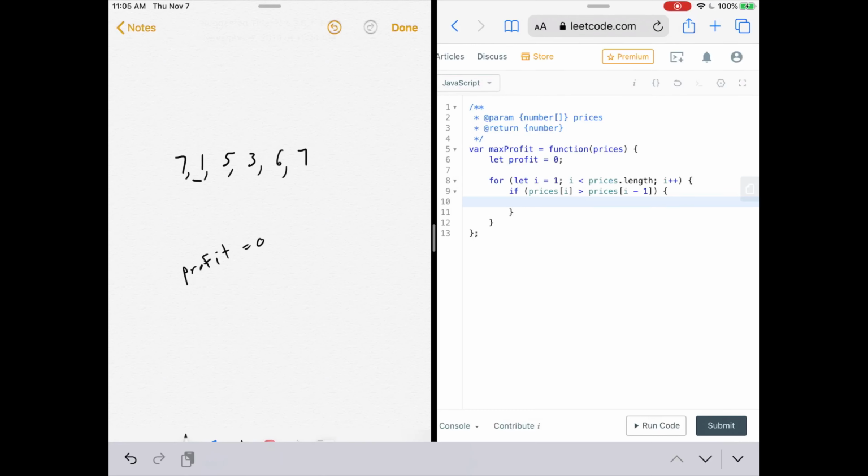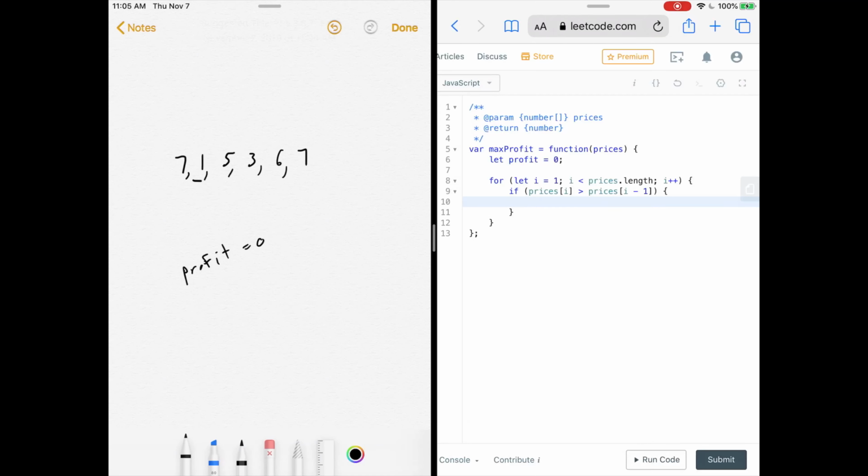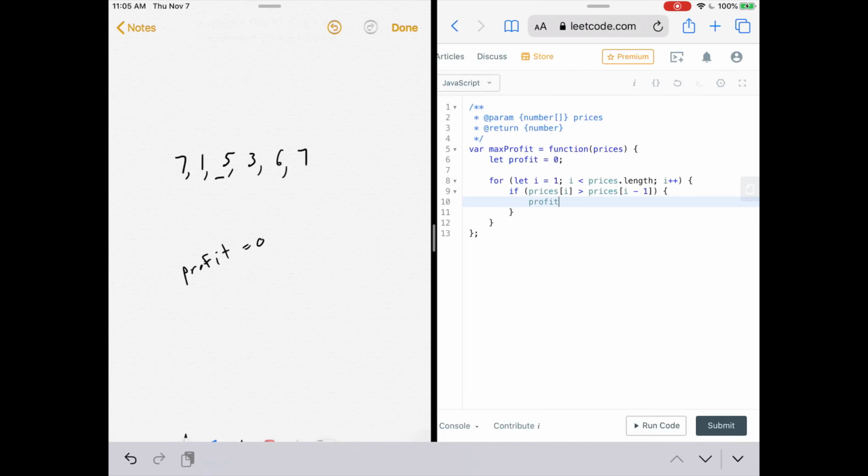So let's just skip to the next loop. Now we'll be at the number 5. Now, is 5 greater than the number to the left of it? Yes, it is. So what do we have to do? We just have to add the difference between those two to our total profit.